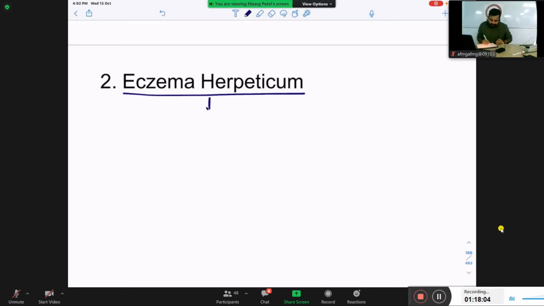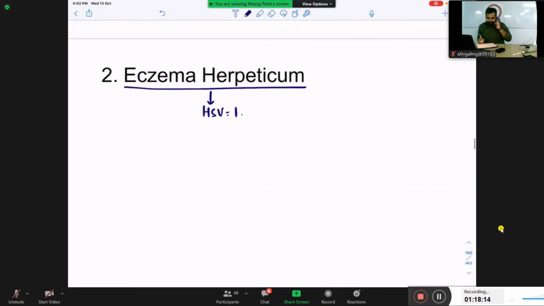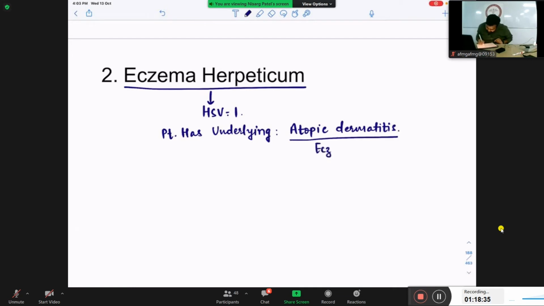So if I ask you what is the causative agent of eczema herpeticum, what will you answer? Herpes simplex virus type 1, right? The patient has underlying atopic dermatitis or eczema.